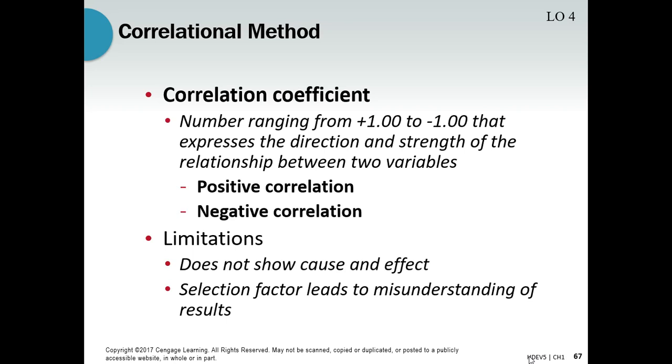Now, another thing that you'll notice about correlations is their direction. So sometimes people will say that there is a positive correlation or a negative correlation. And this has nothing to do with being good or bad. It is only talking about the direction of the relationship.